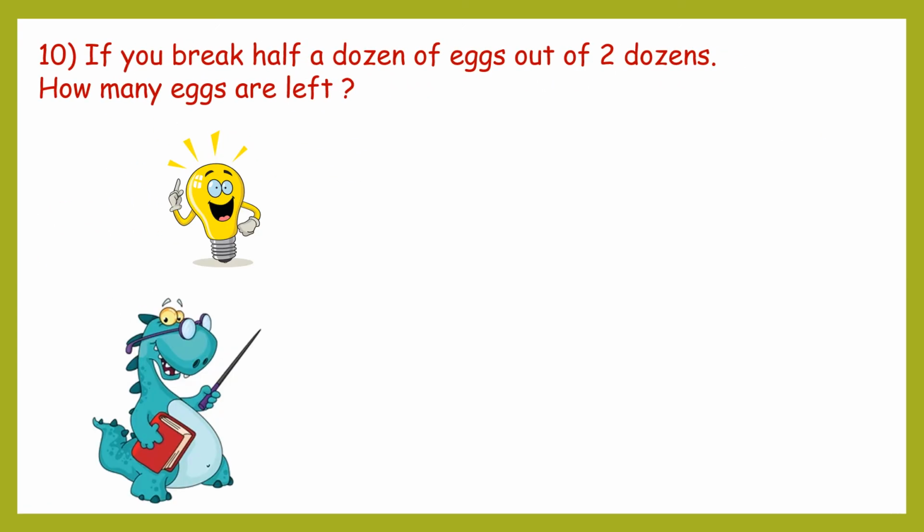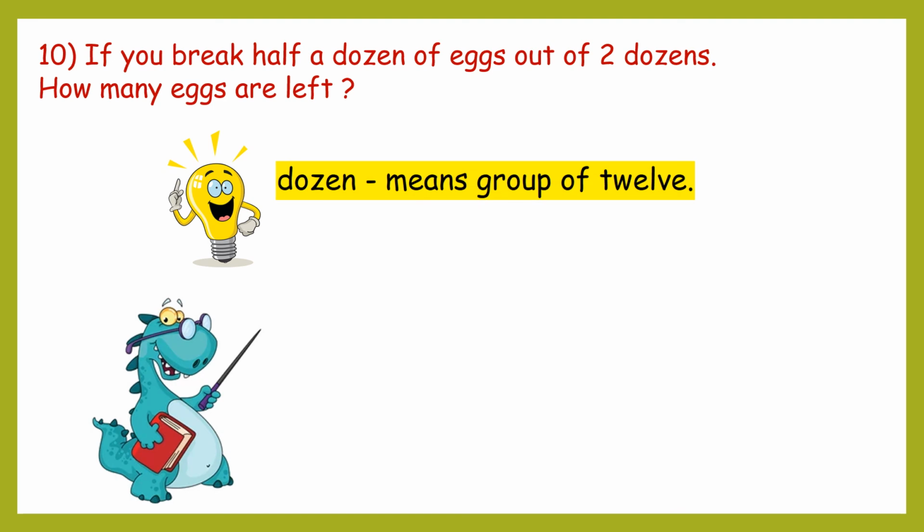Number 10. If you break half a dozen of eggs out of 2 dozens, how many eggs are left? I repeat, if you break half a dozen of eggs out of 2 dozens, how many eggs are left? Now, dozen means group of 12.